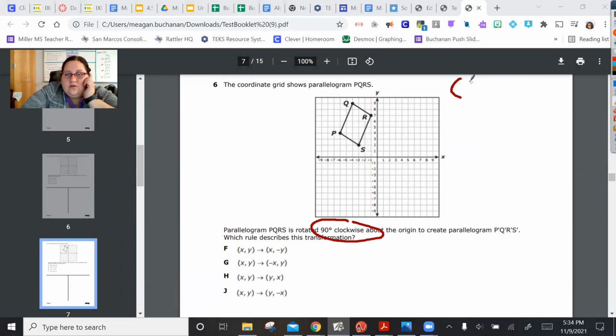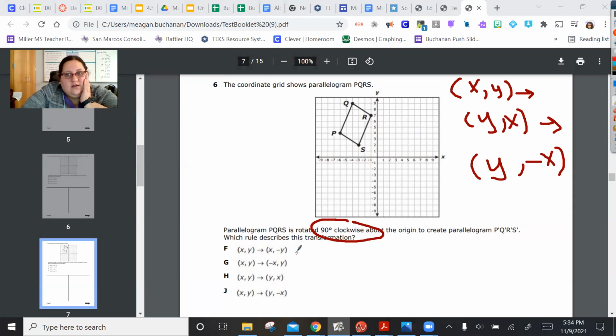So first we go from x comma y to y comma x. And then we have one more thing. When it's 90 degrees, we negate our x. When it's 270, we're going to negate our y. So our last step is negative x.